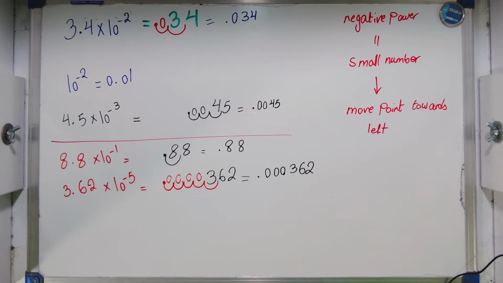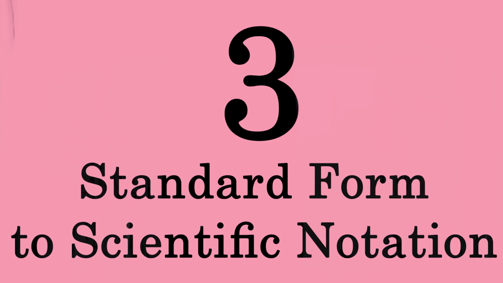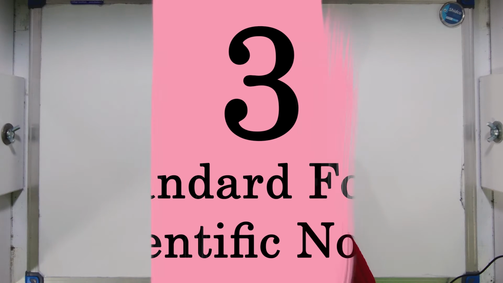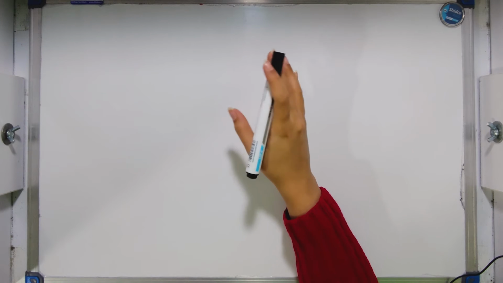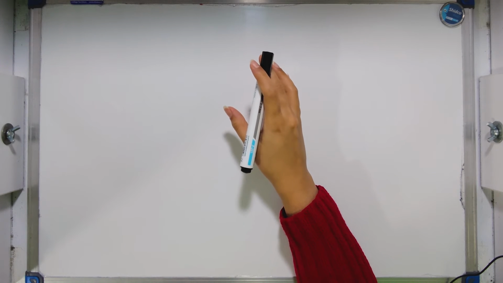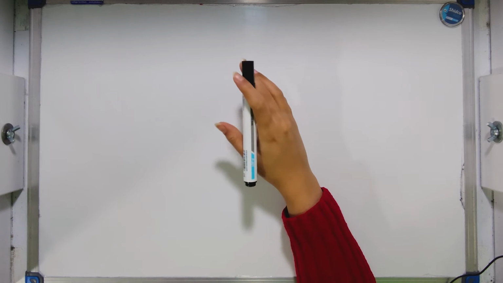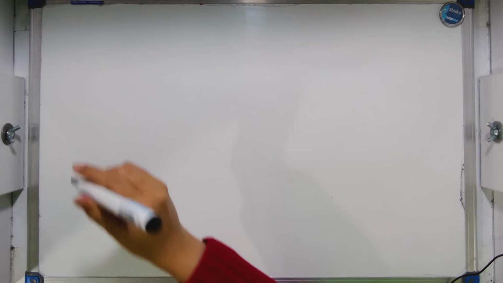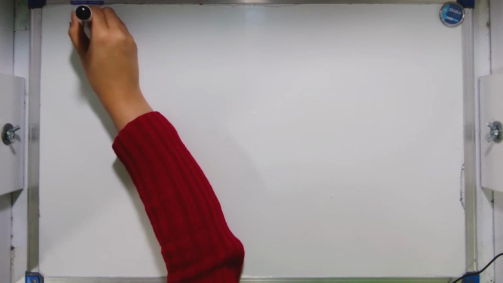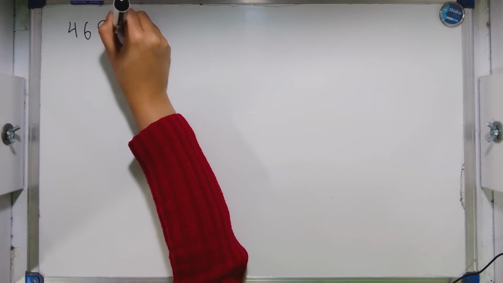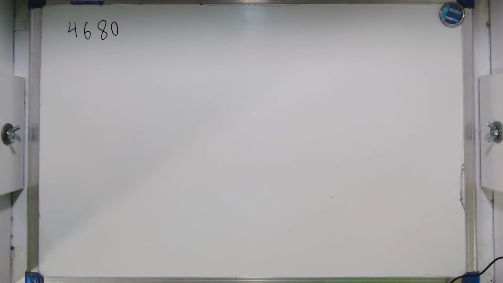So now let's talk about standard form to scientific notation. Now let's go backwards. I mean that I'm going to change a standard form number, a normal number, to scientific notation. Look at here. I have this number. Okay?